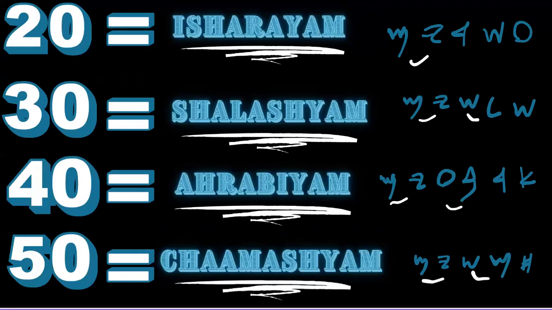You have 20, which is Asharayim, which we went over in the previous lesson. Asharayim, and then you have the paleo spelling of the Lashon Kadash to the far right for reference.